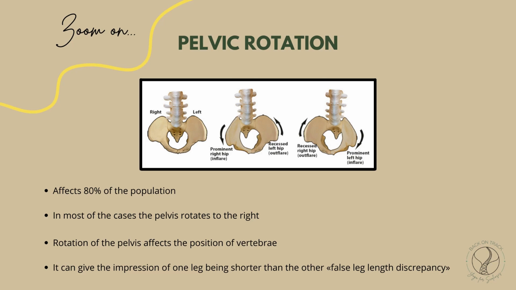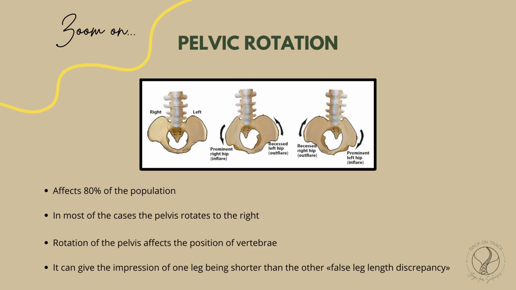We can take as an example the most common type of scoliosis, the one with a lumbar curve convex to the left and a thoracic curve convex to the right. A shift in the position of the pelvis means that the sacrum also changes position and that the last lumbar vertebra will also have to adapt, and it will also move to the left, in the same direction that the pelvis rotates.